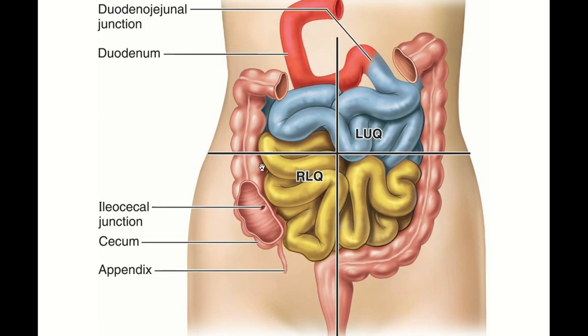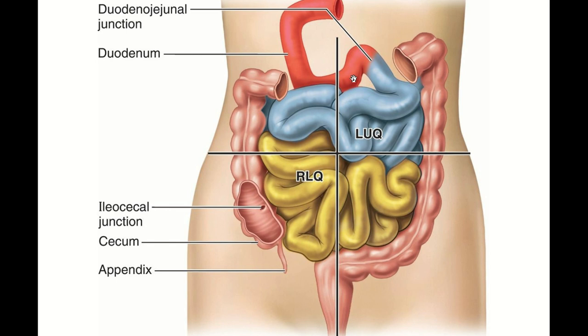Right, so let's take a look at the small intestines. We spoke of the duodenum, right? And now we are talking about the jejunum and the ileum. This is a diagram showing you the orientation of the small intestines in your abdomen.